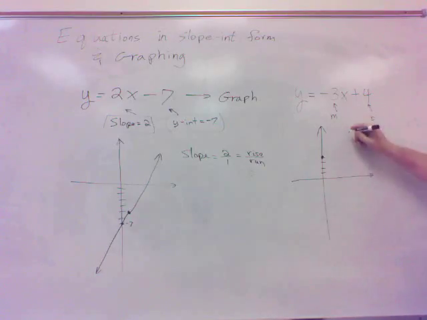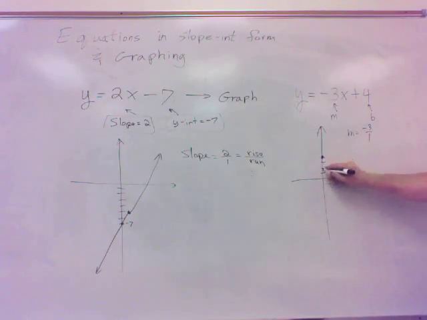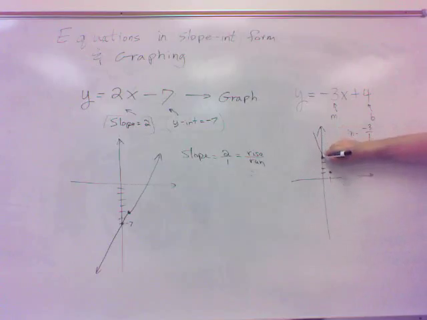The m is -3, which is over 1, right? So rise -3, run 1: down 3, over 1. 1, 2, 3, over 1. There's another point. Down 3, over 1. So there's your point. How's that?